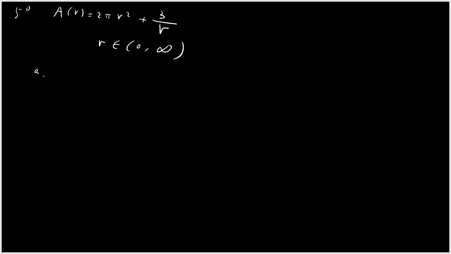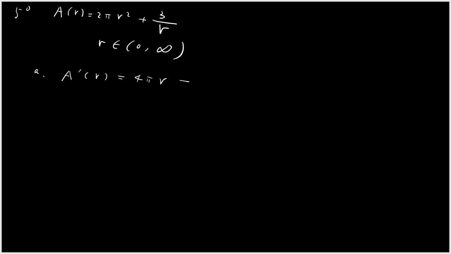In sub-step A, we differentiate the function, the derivative of the function with respect to r. So do not use f, do not use x. Now the variable is r. The function notation is A. I think we're going to have 4 pi r, right?